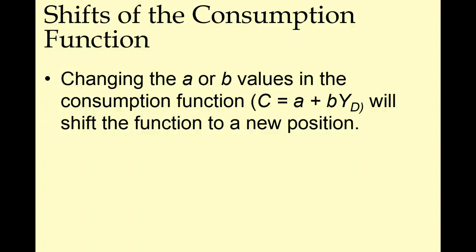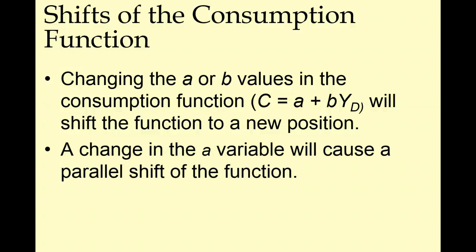Well, I'm sorry, let me backtrack. Keynes was saying if we put money in the hands of people, you'll move along the consumption function. But if we change any of the autonomous components of consumption, the consumption function will shift. I'll show you here.